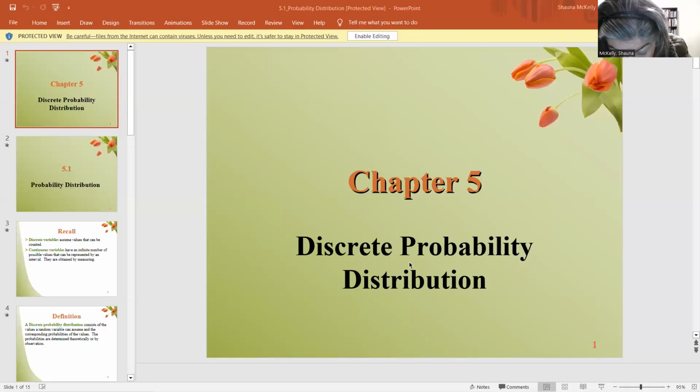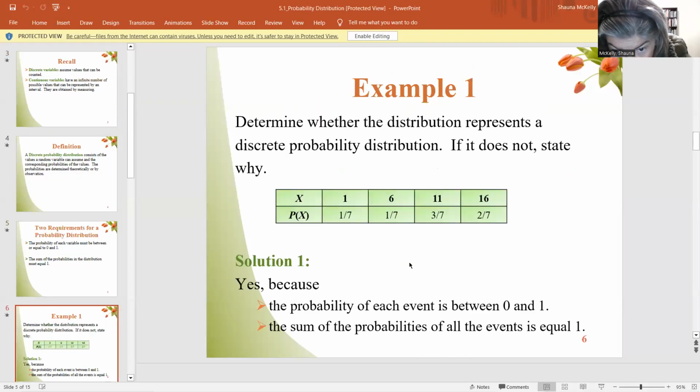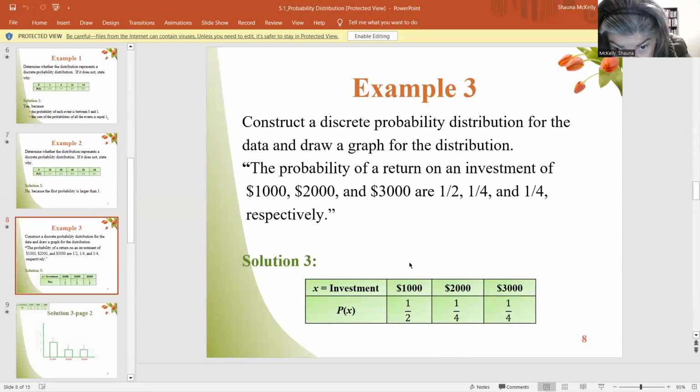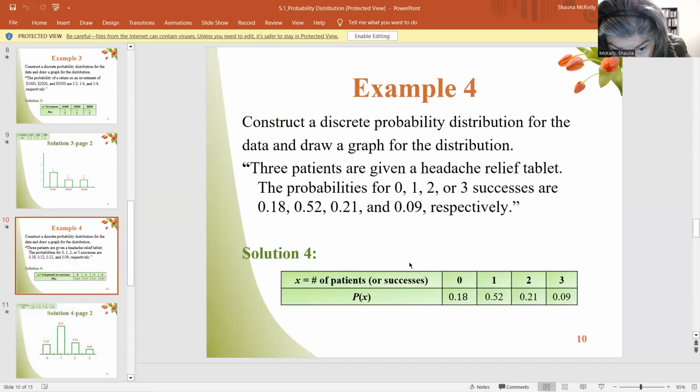So we saw that for the first part of the homework, we did discrete variables, continuous variables, requirements for a probability distribution, graphing a probability distribution, constructing it.